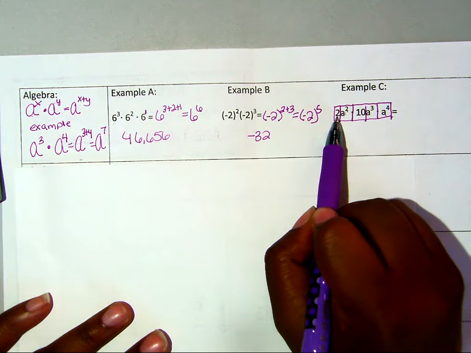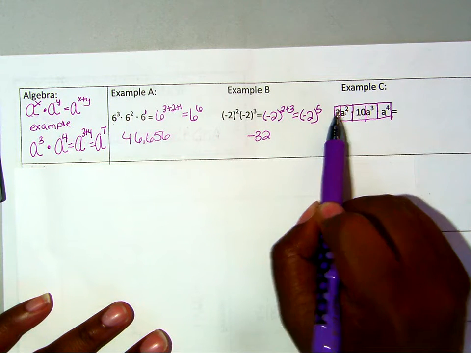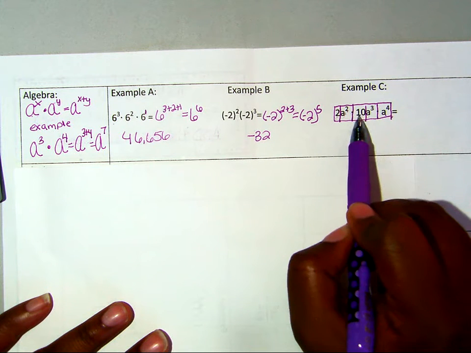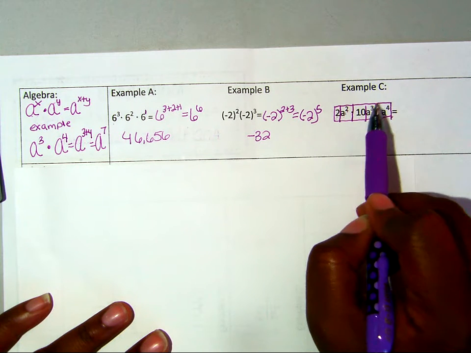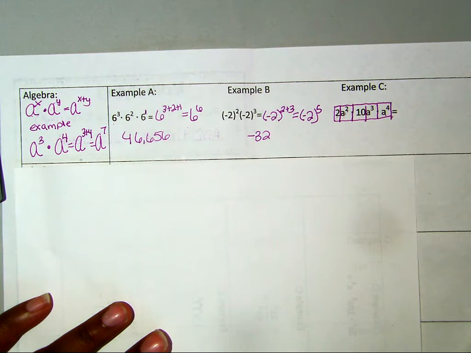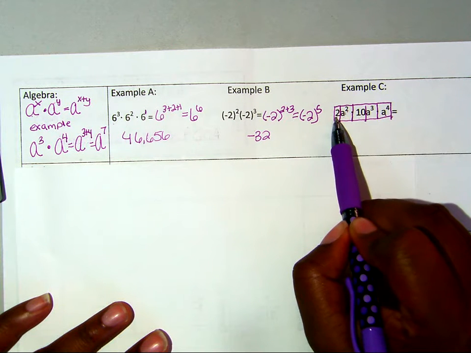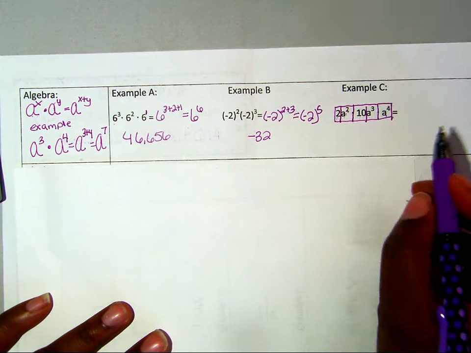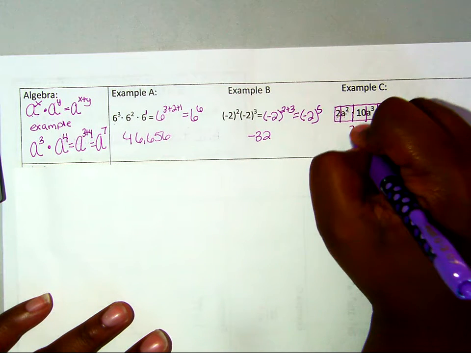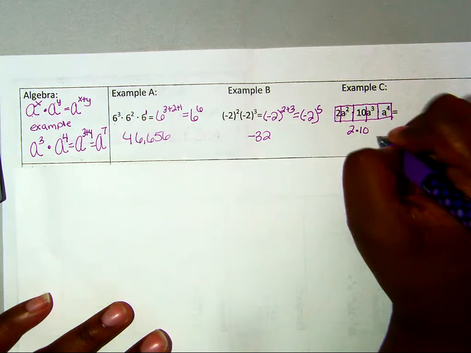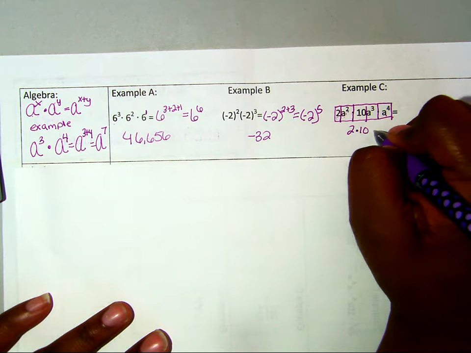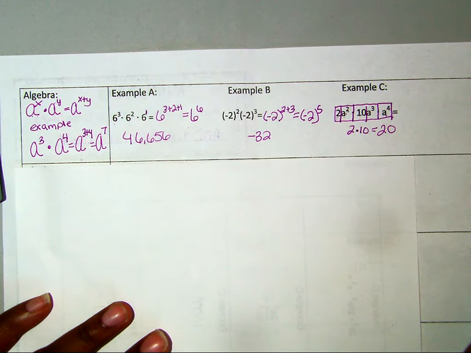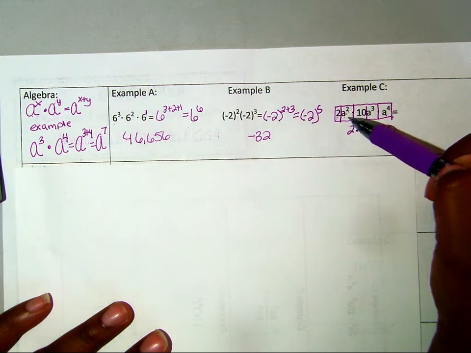So I have 2 to the 1st, a squared, 10 to the 1st, a cubed, a to the 4th. Since 2 is to the 1st power and 10 is to the 1st power, they're already simplified. So I'm going to do 2 times 10, which equals 20. Alright, now I can use these terms.